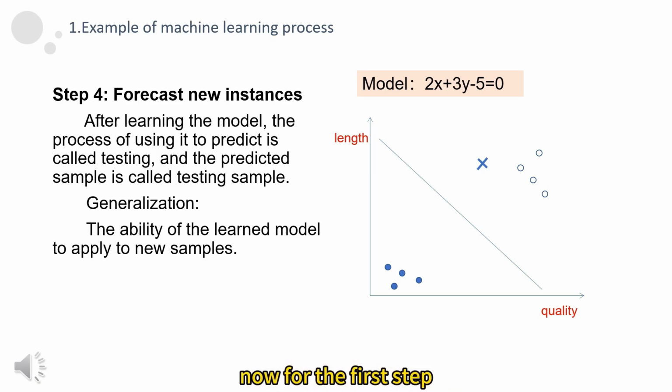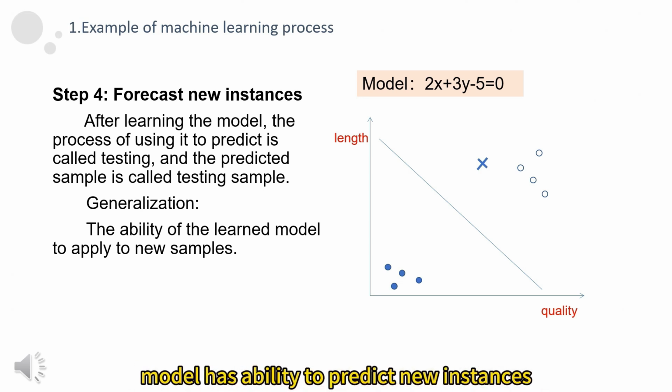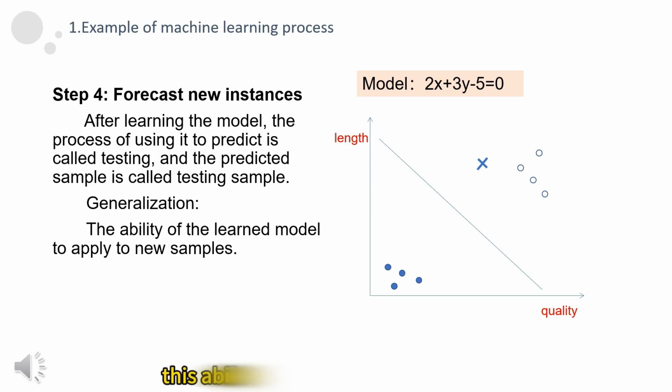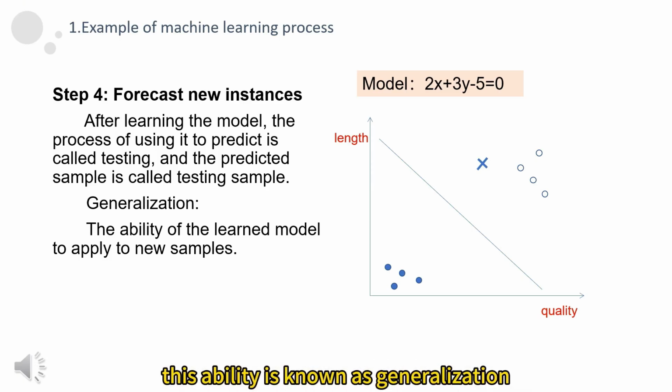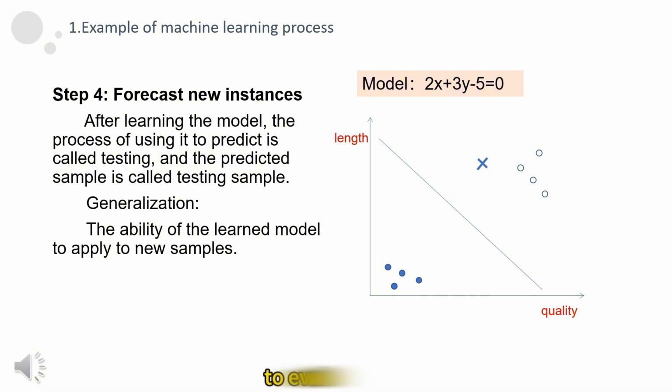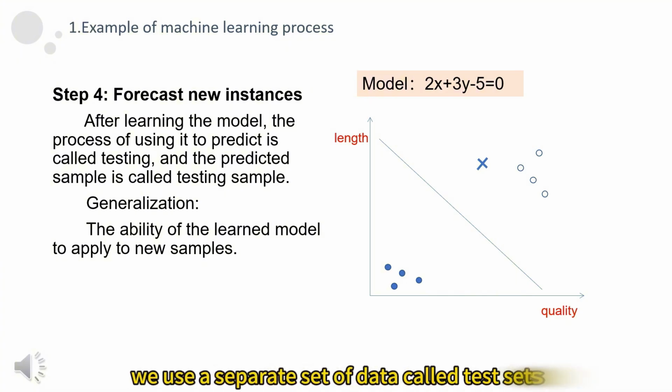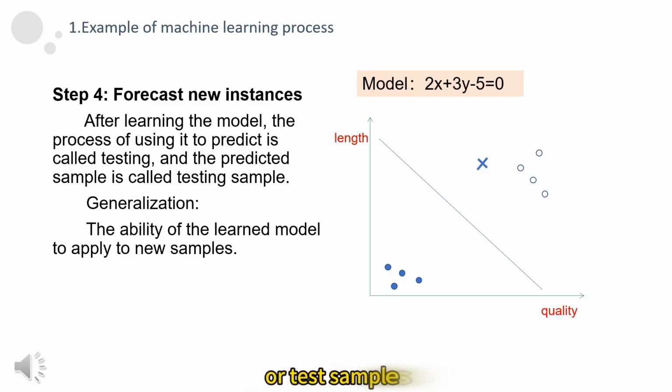Now, for the fourth step, we need to assess whether the model has the ability to predict new instances. This ability is known as generalization. To evaluate this, we use a separate set of data called the test set or test samples.